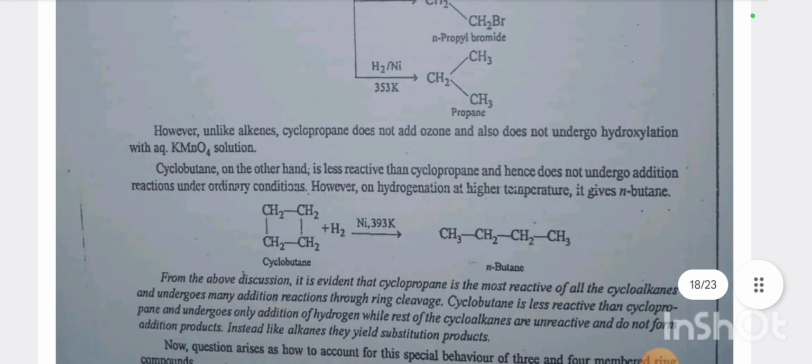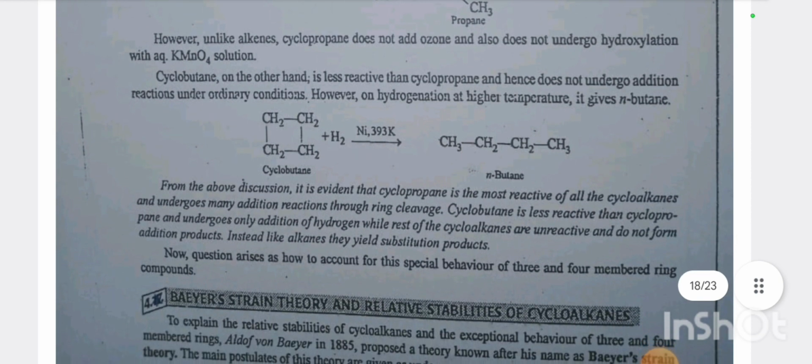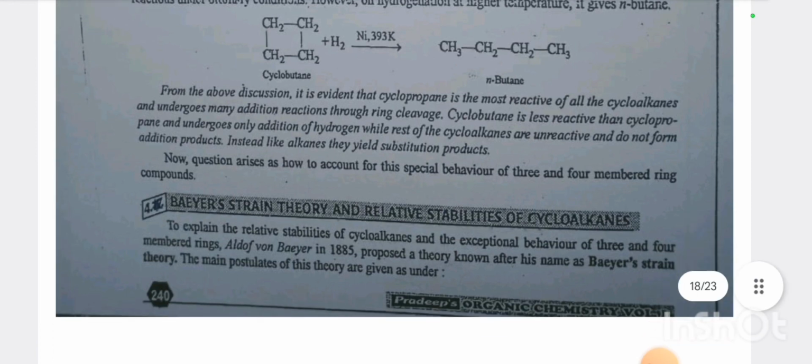Some of the important addition reactions are given. However, unlike alkenes, cyclopropane does not add ozone and does not undergo hydroxylation with aqueous KMnO4 solution. Cyclobutane, on the other hand, is less reactive than cyclopropane and hence it does not undergo addition reaction under ordinary conditions. However, on hydrogenation at high temperature, it gives n-butane.